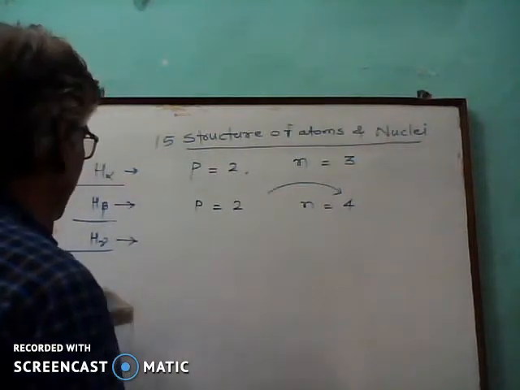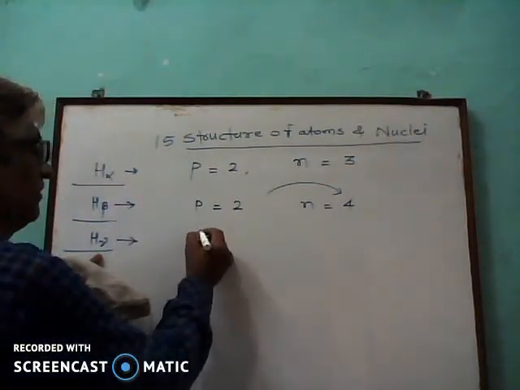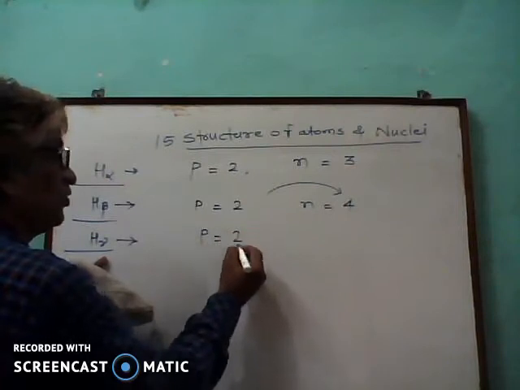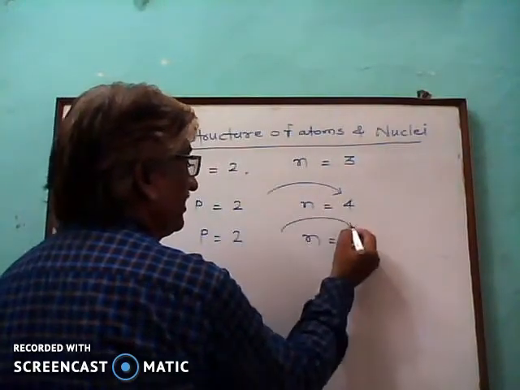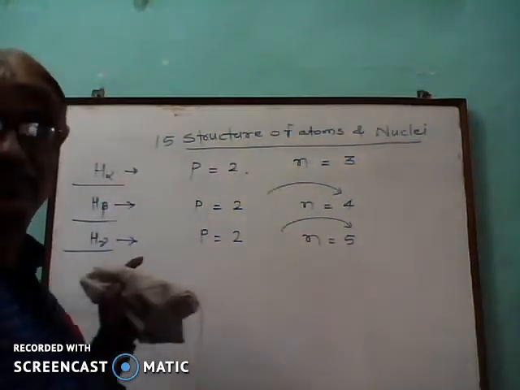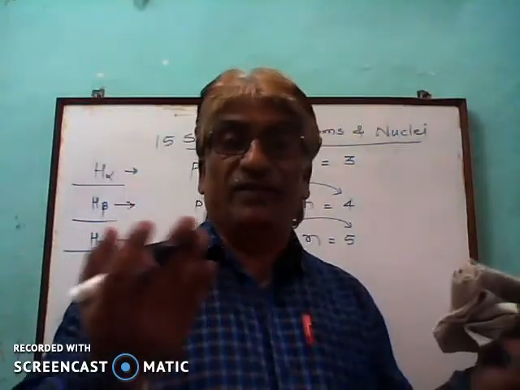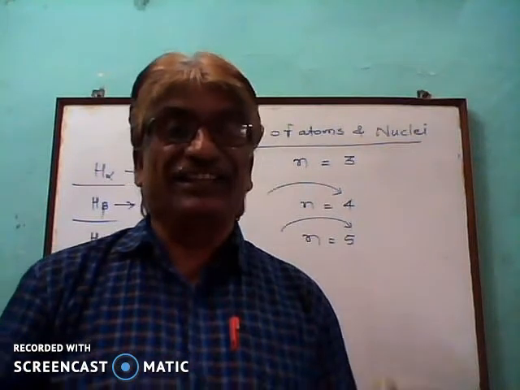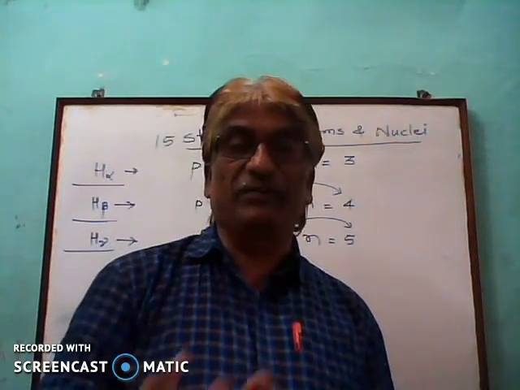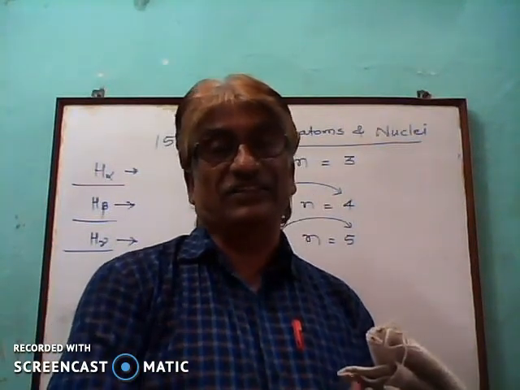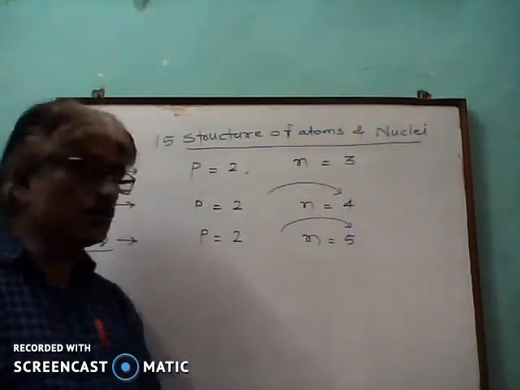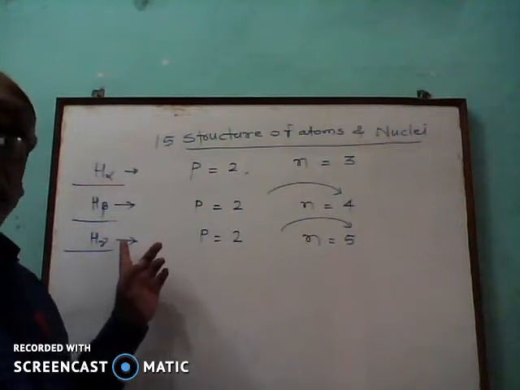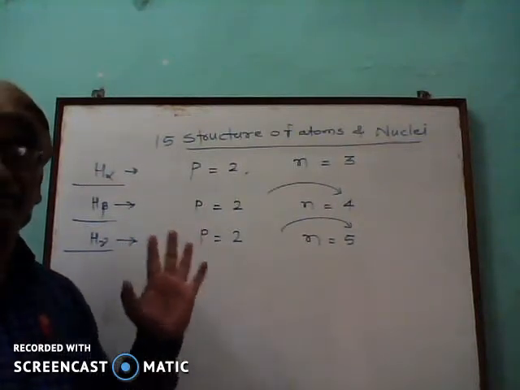Means for the H gamma line, the inner orbit will be 2, but the outer orbit will be 5, which also increases. We remember, if the outer orbit increases, then its wavelength decreases. The third line in the Balmer series is also called the H gamma line.